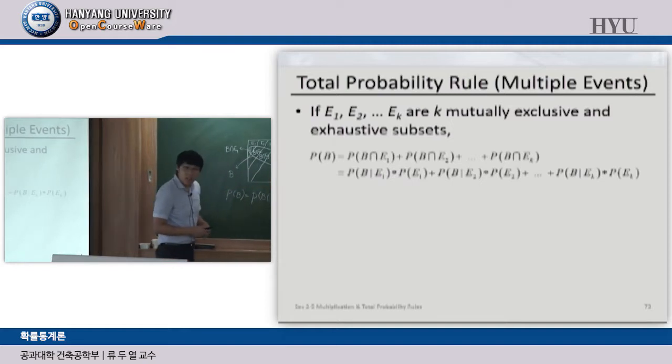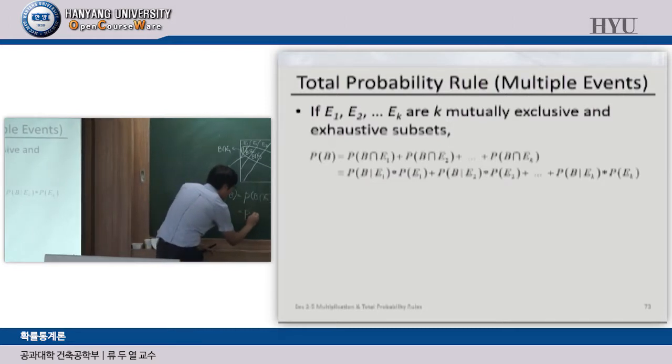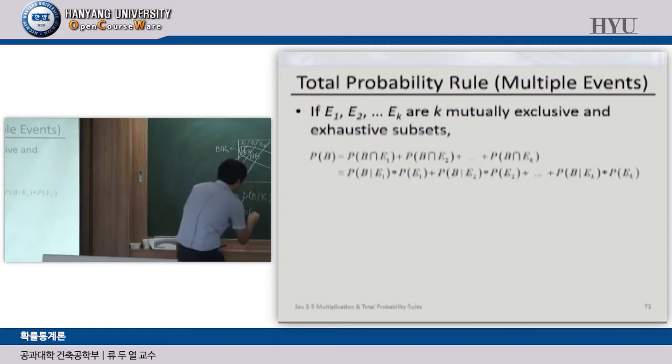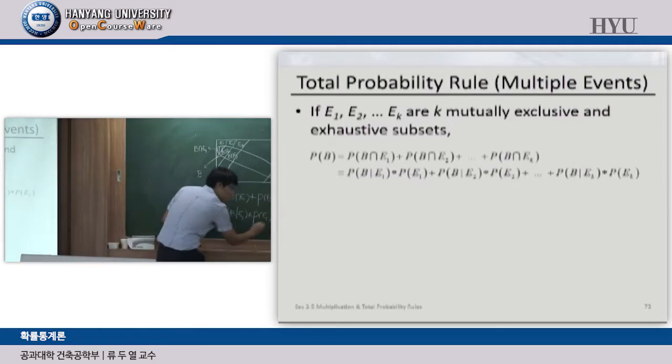And as we already learned, the probability of the intersection of B and E1 can be expressed as the conditional probability of B given E1 multiplied by the probability of E1, right?